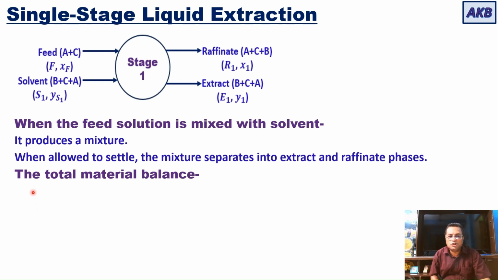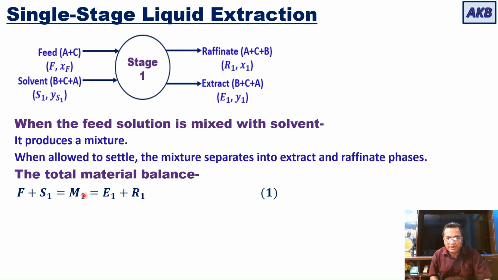Now let us talk about the total material balance, the steady state total material balance, where we are ignoring accumulation. So the input is equal to output. The steady state total material balance will be F plus S1. You are mixing feed with solvent.